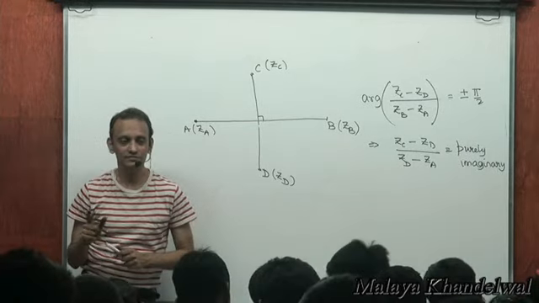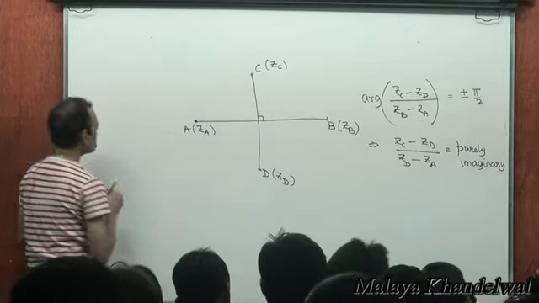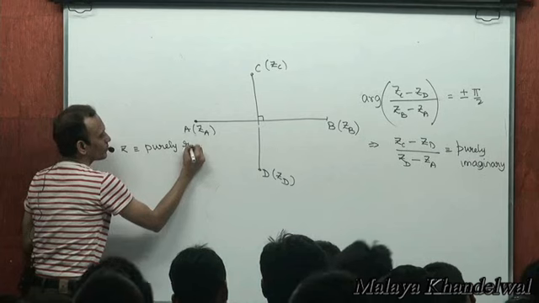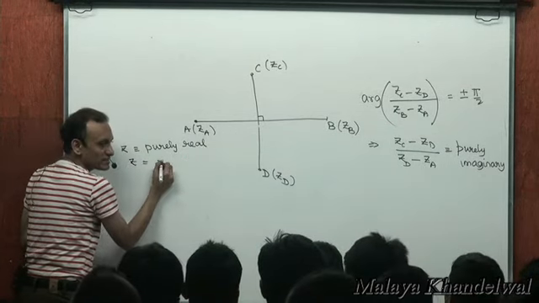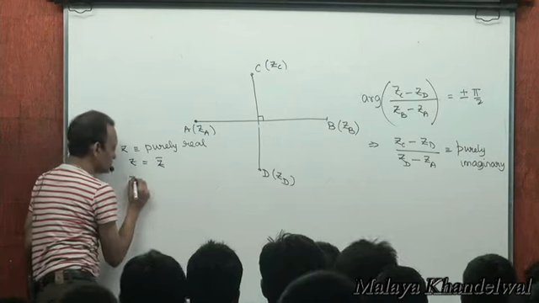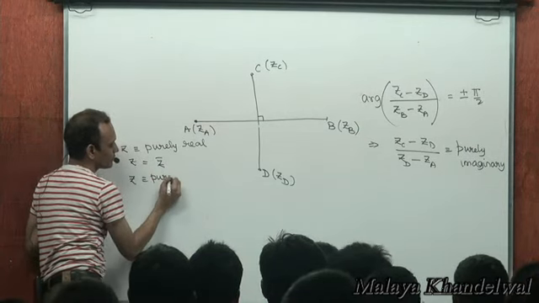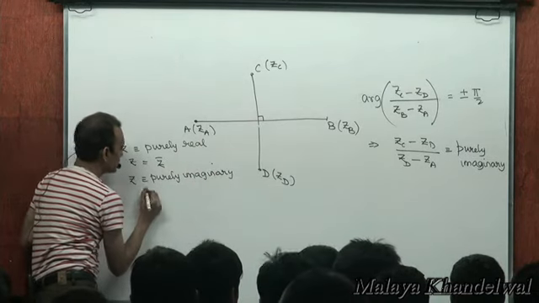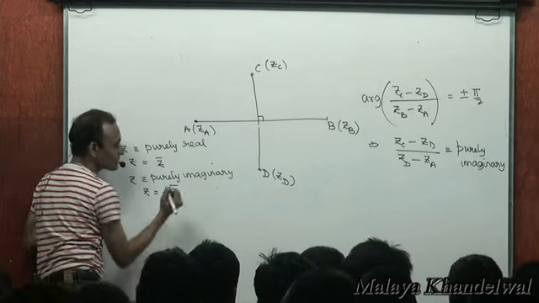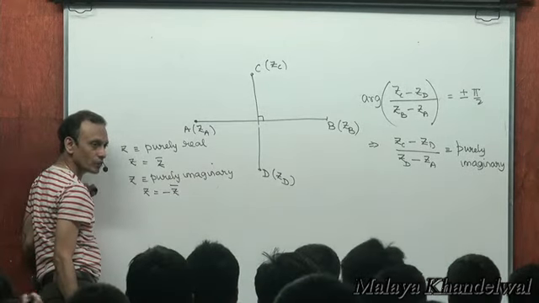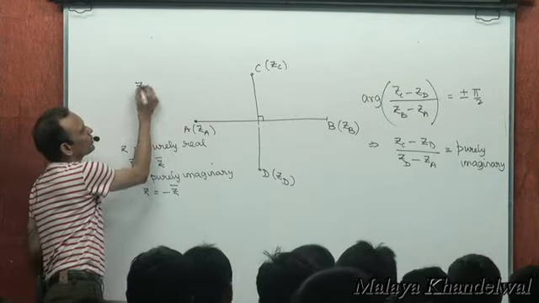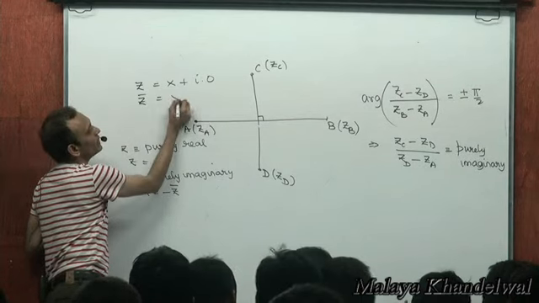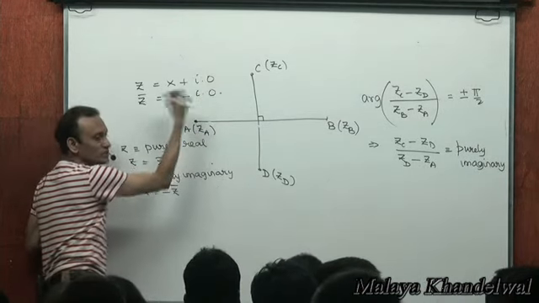Isn't it? One thing: if z is purely real, then z will be the same as z bar. Do you realize this? If z is purely imaginary, then z would be minus z bar. Always. Do you see the sense? z being purely real means z is x plus i into 0, so z bar would also be x minus i into 0, which is the same as x.